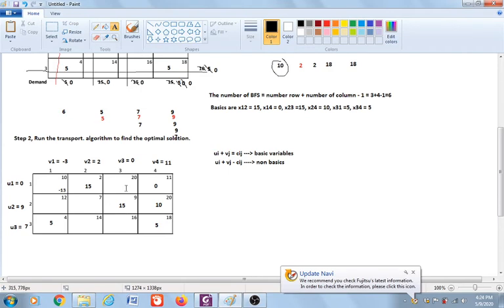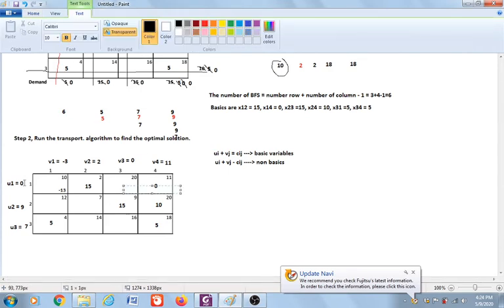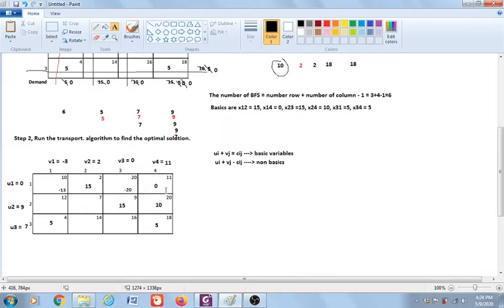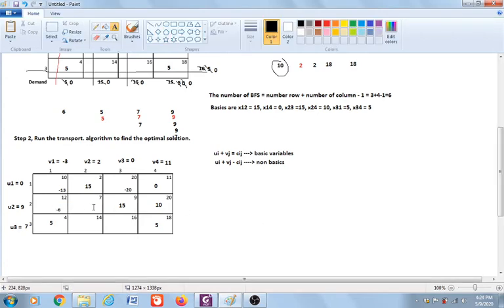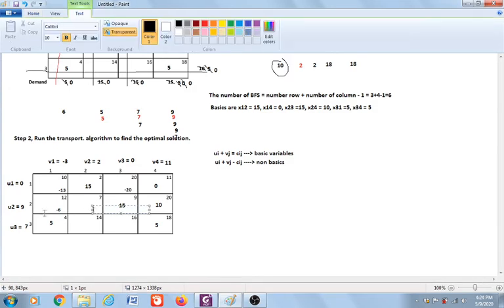Okay. And this one, 0 plus 0 is 0, minus 20, so minus 20. Okay, this is non-basic also. 9 plus minus 3, 6, minus 12, minus 6. Okay, this is non-basic. 9 plus 2, 11, minus 7, 4.